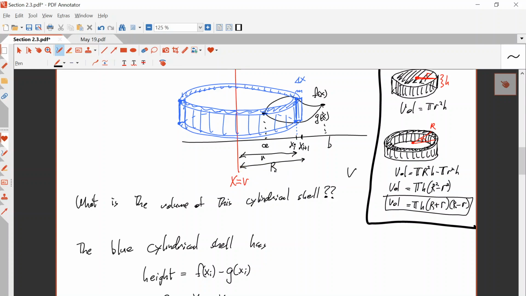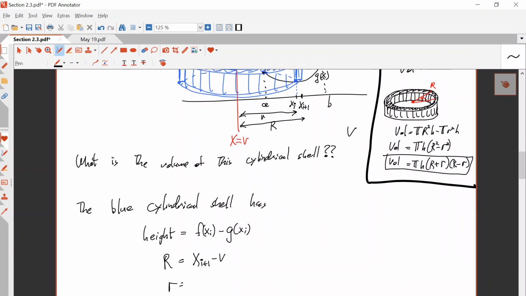Not much different, right? Because these cylindrical shells should be very, very thin since we're letting n go to infinity. The thickness of those cylindrical shells is delta x, which is (b minus a) over n. So the little radius is x_i minus v.